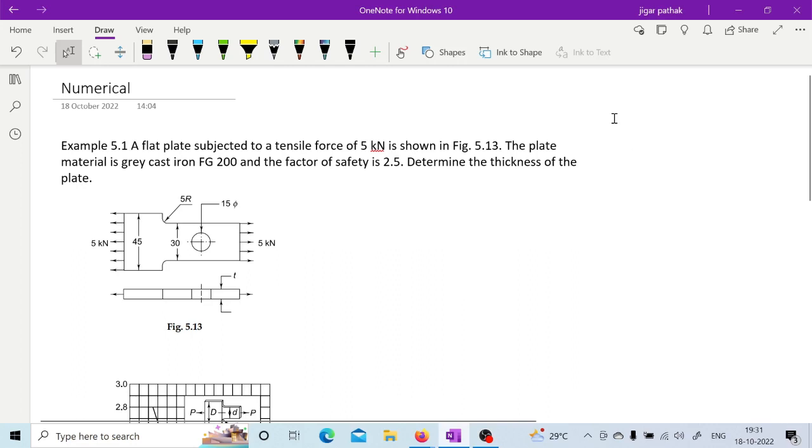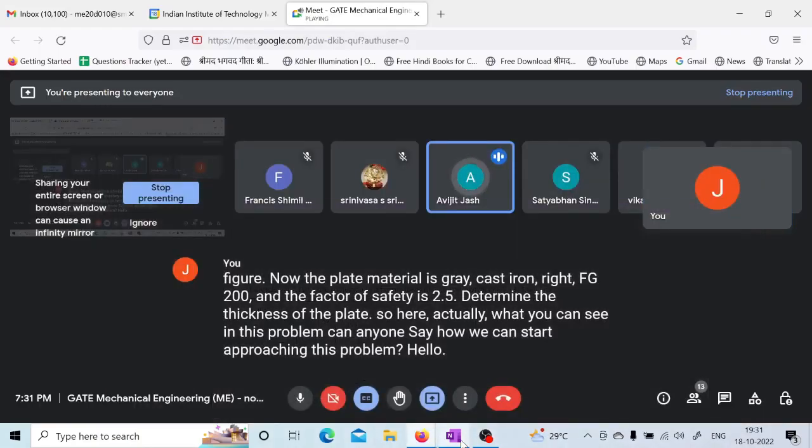So here, what you can see in this problem, can anyone say how we can start approaching this problem? Hello. Yes, sir.